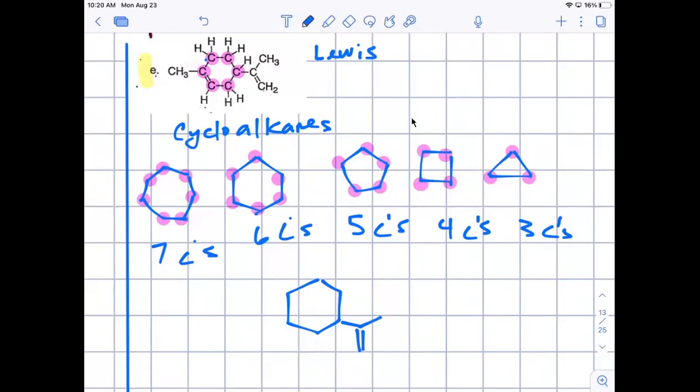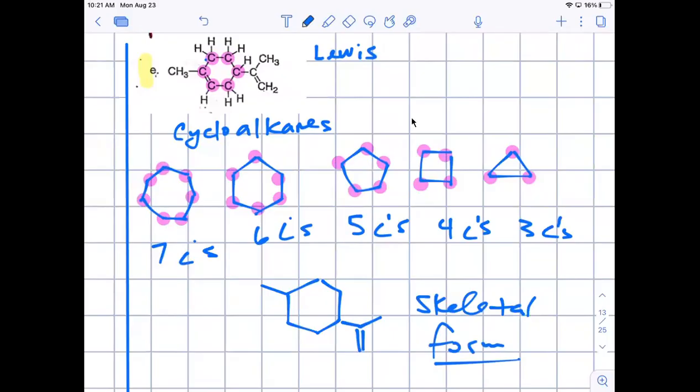And then on the other side, right here, we have a methyl group. All right. Questions about that? So this is the skeletal form for limonene.